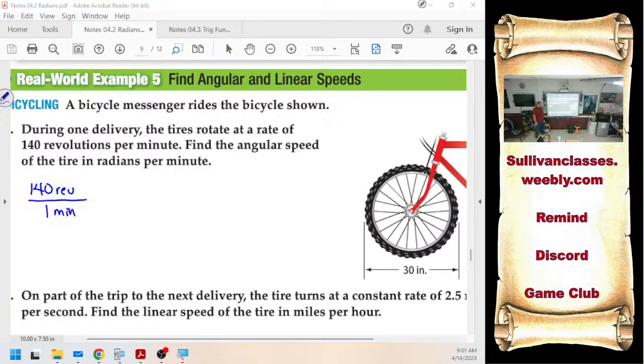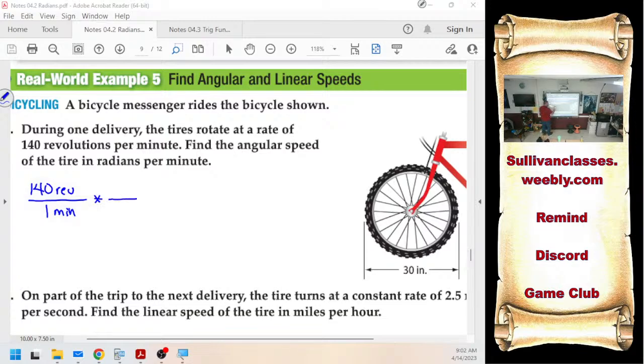Find the angular speed in radians per minute. So, I'm already in minutes. We cool. But I need to switch revolutions over to radians. Do I have a conversion factor that goes from revolutions to radians? Not 1 to 1. 1 revolution is how many radians? 1 rotation of a circle is 2 pi radians.